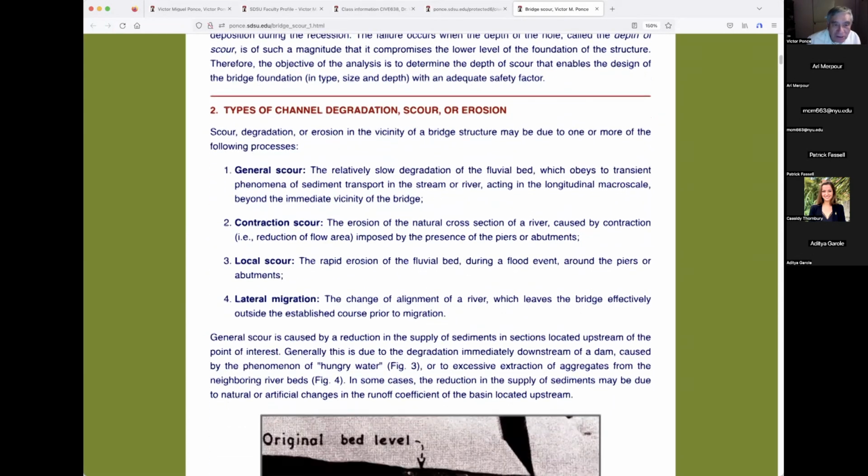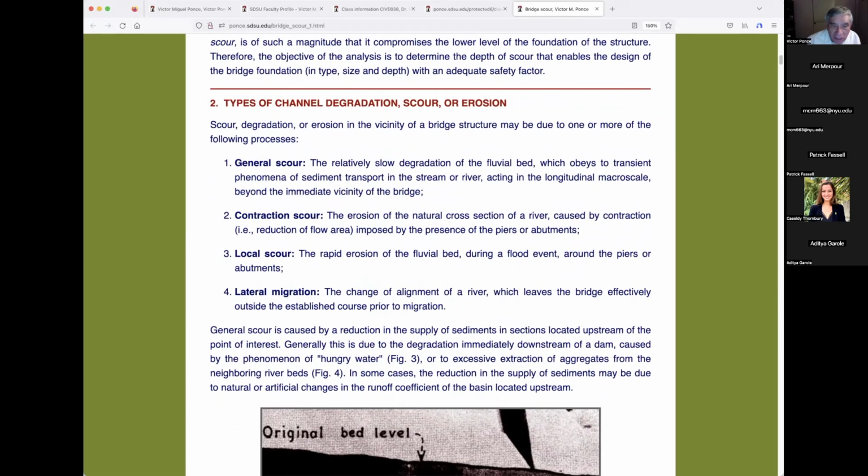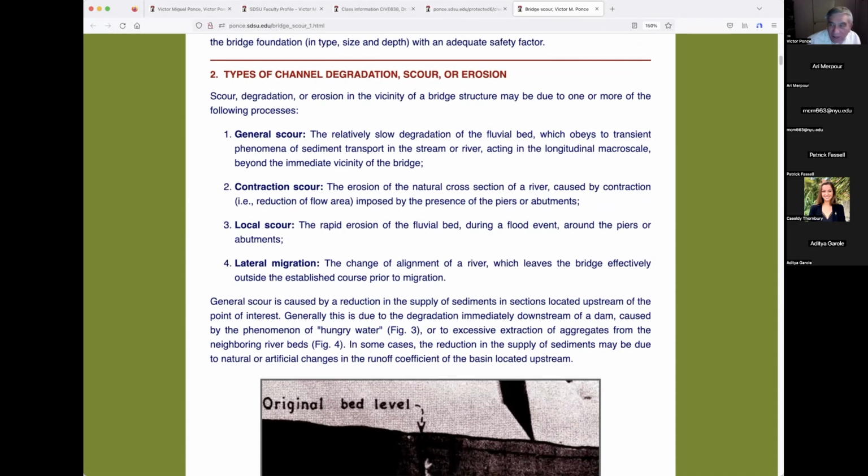Okay, types of channel. We already covered this ground. General scour, contraction scour, local scour, and lateral migration. The lateral migration is something kind of interesting because it's really not supposed to happen. I shouldn't say that. It does happen, but we're kind of not prepared to handle it. Most engineers are looking at the bridge and trying to figure out if the bridge can stand or not.